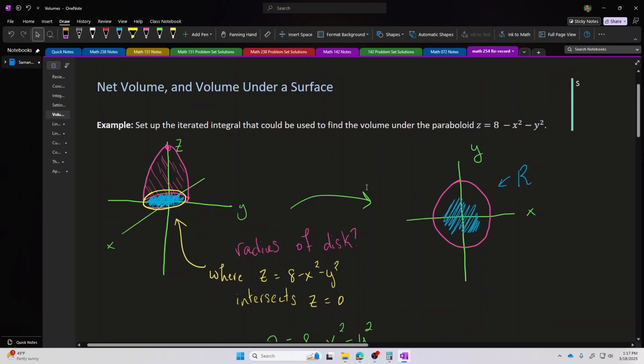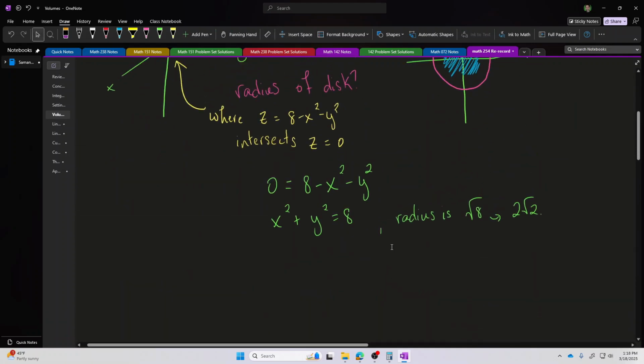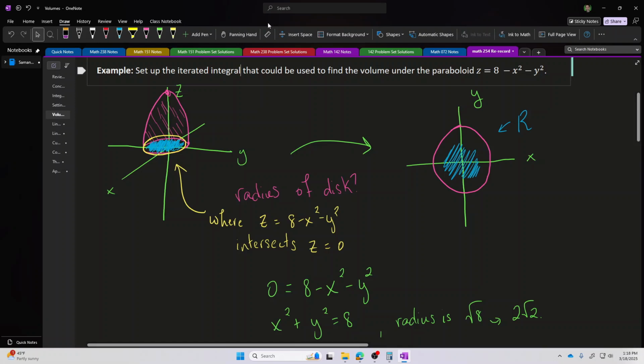Finally, I just need to take that region of integration and translate it into limits of an iterated integral that I could use to capture the volume under this paraboloid. So I'm going to have to follow the same step-by-step process that we outlined a couple of lessons ago. I'm going to have to draw the region, which I've already done here, and then I'm going to have to decide on an order of integration, dy dx or dx dy.